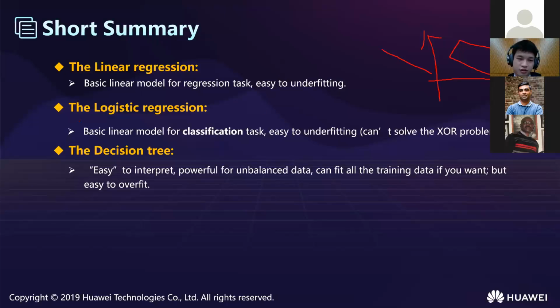Logistic regression only uses the sigmoid function and changes the L2 loss to the cross entropy loss, and then it's over. It's also easy to underfit. It's a linear classification model, and that means it cannot solve the XOR problem.